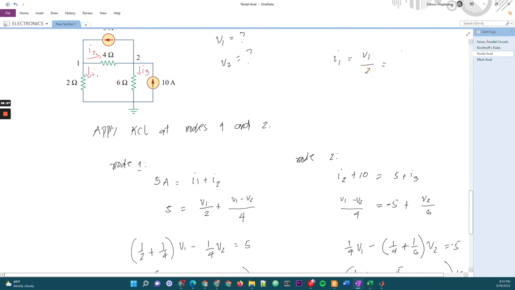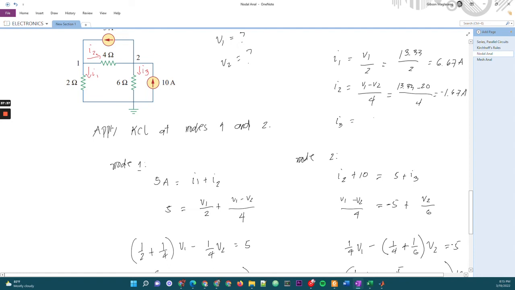Now, ang V1 nimo is 13.33 divided by 2, so you get 6.67 ampere. Then yung I2, V1 minus V2 over 4. Okay? So we have 13.33 minus 20 divided by 4, that would be negative 1.67 ampere.